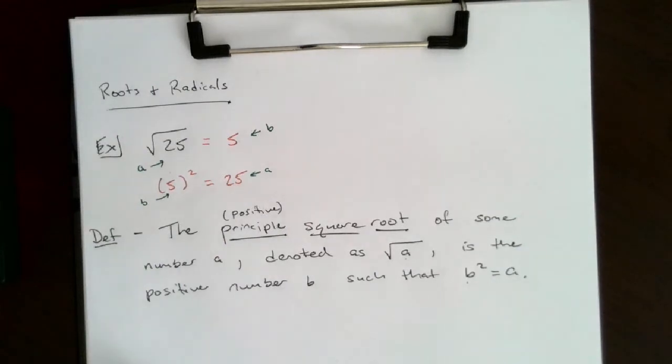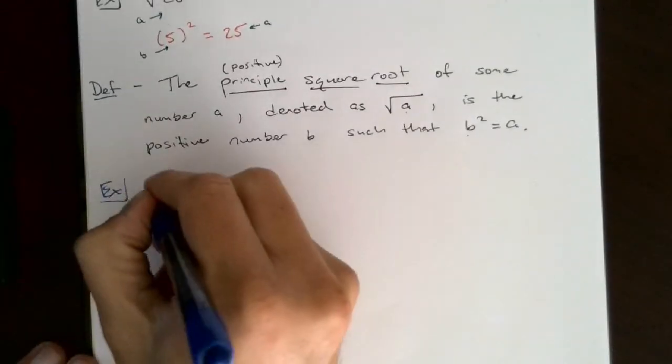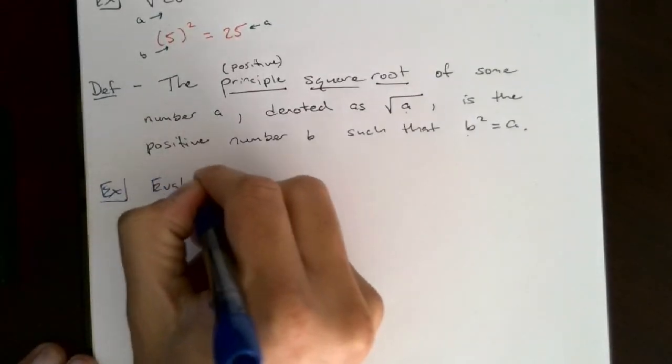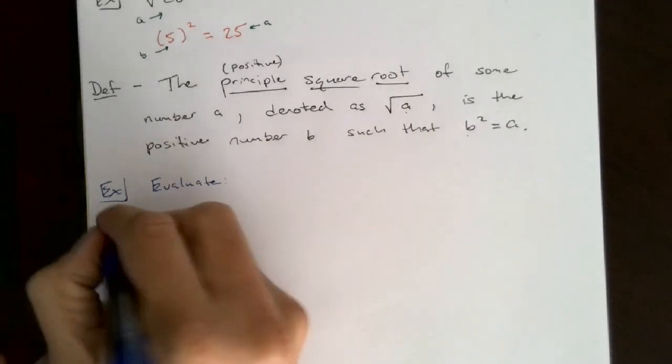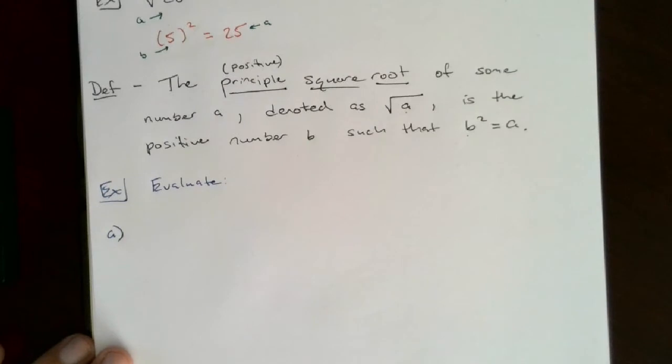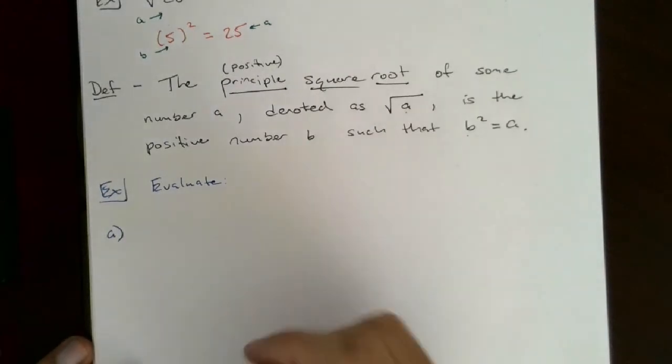So we'll look at a couple examples here. If I said to evaluate, and we'll look at a few of these. Now a lot of these you'll be able to do in your head, but you might be able to use your calculator, and we'll talk about doing that in a minute.